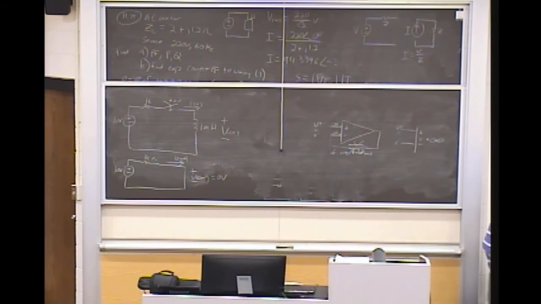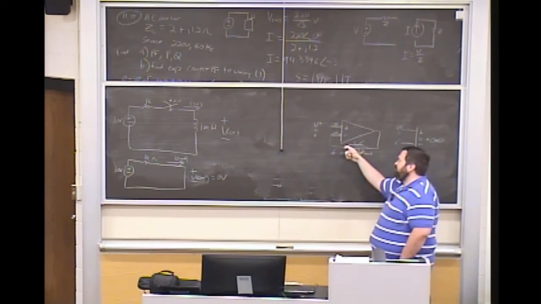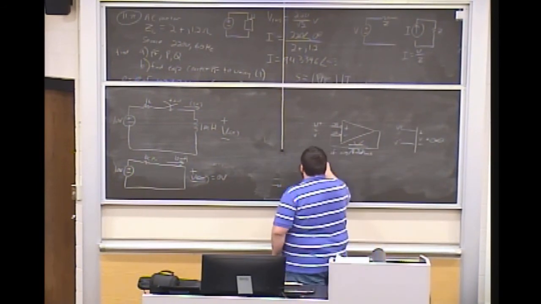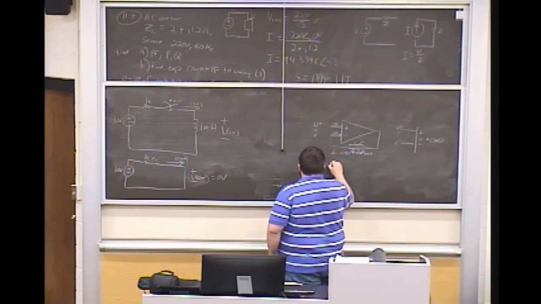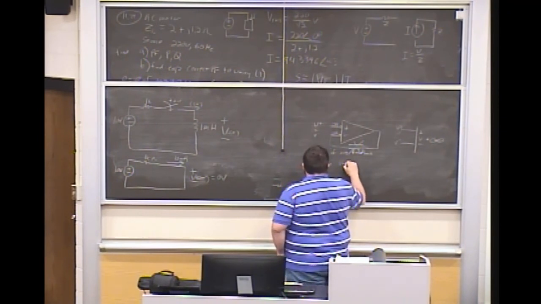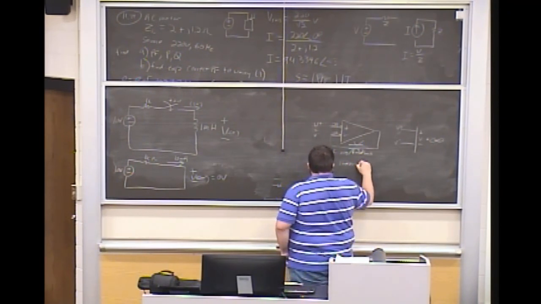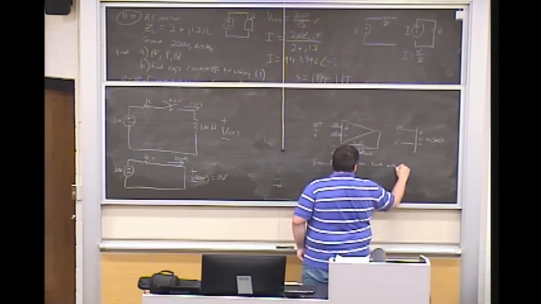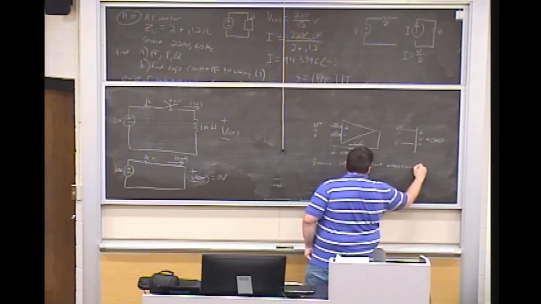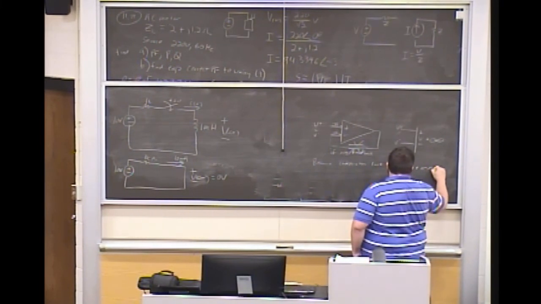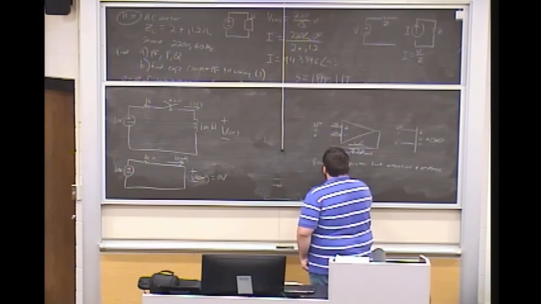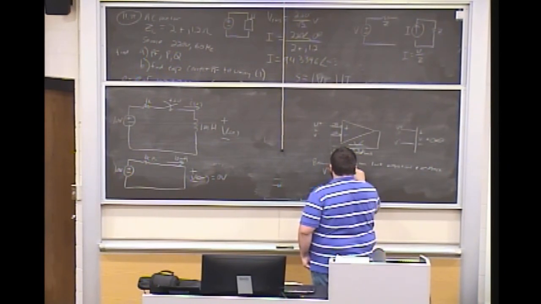And so, because there is no negative feedback, the basic explanation is: comparators lack negative feedback, V plus does not equal V minus.